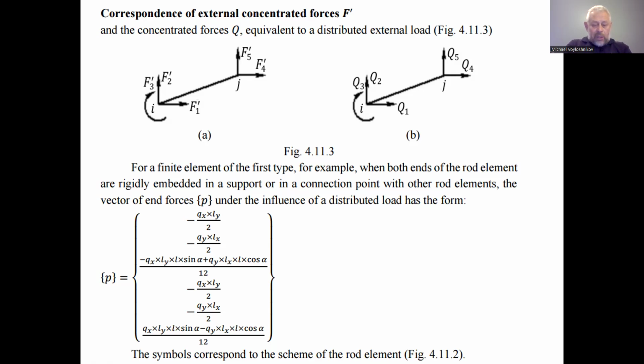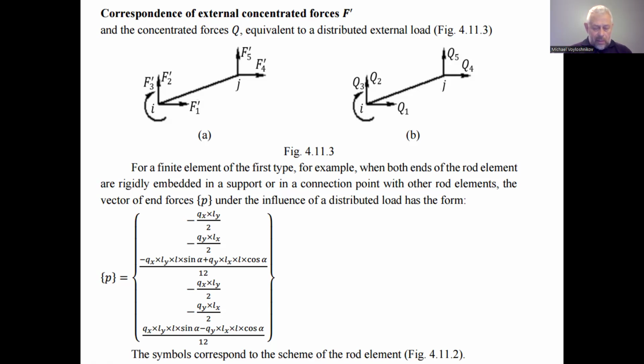So for the first type, we just present the formulas of 6 components of the forces acting at the ends of the element. This is not applied to the definite mechanical system in the considered issue, but this is just how it is for the first type element.